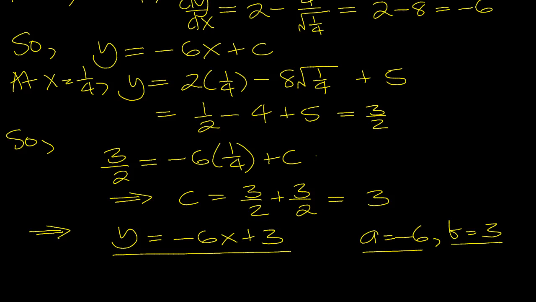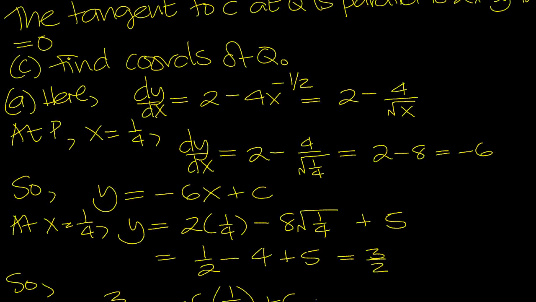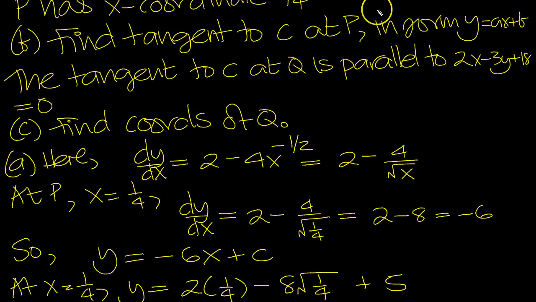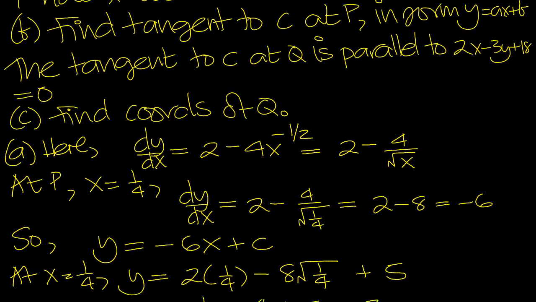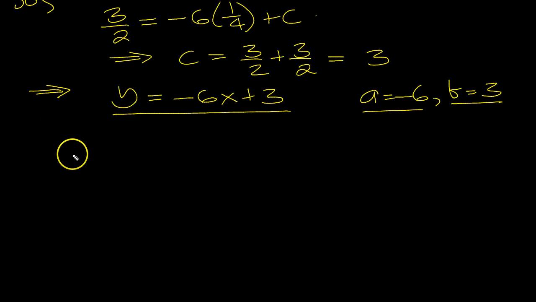Now the next part, which is part b. The tangent to C at Q is parallel to this. Find the coordinates of Q. Tangent to the curve at Q is parallel to 2x minus 3y plus 18 equals 0.